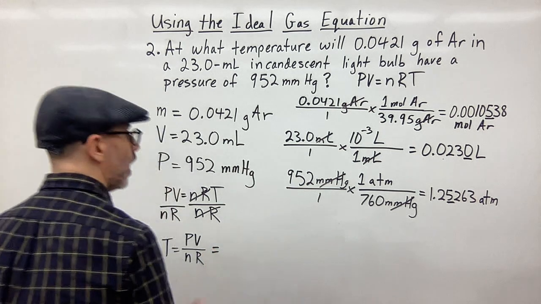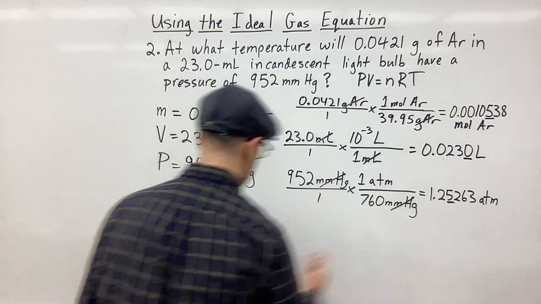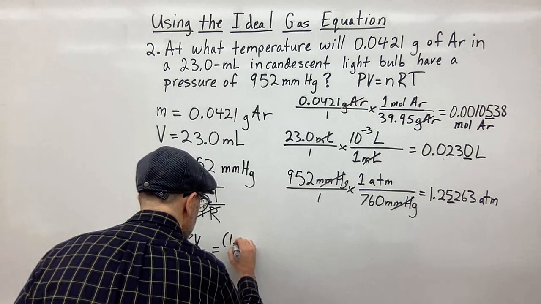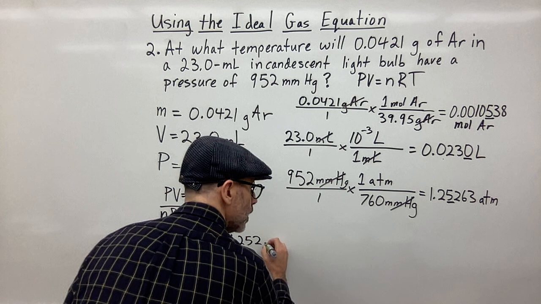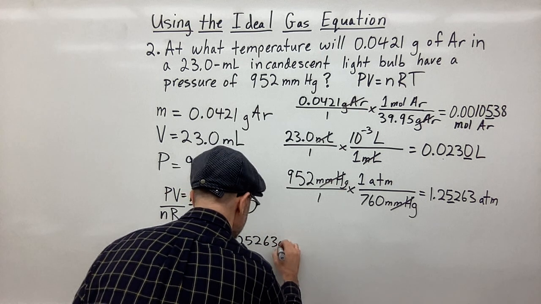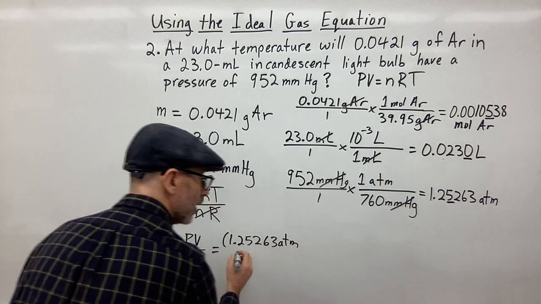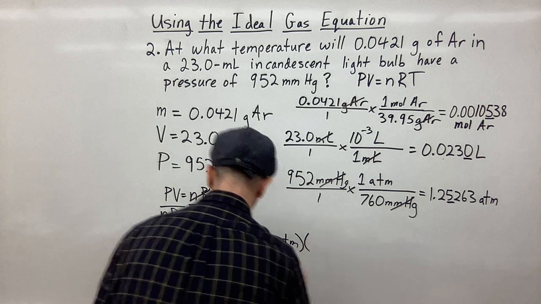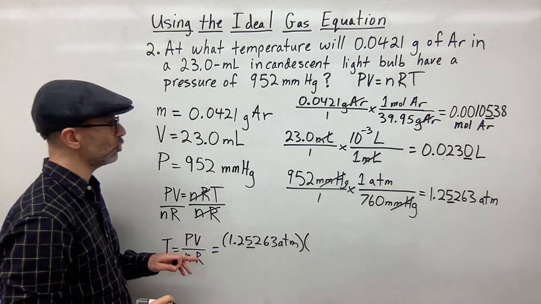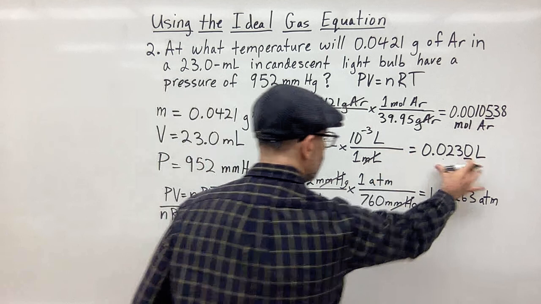Okay, so now I can plug everything in. So here, the pressure in atmospheres is 1.25263 atmospheres. And I'm going to put a line under the 5 so I remember. And then I'm going to multiply that by the volume, which is this right here.